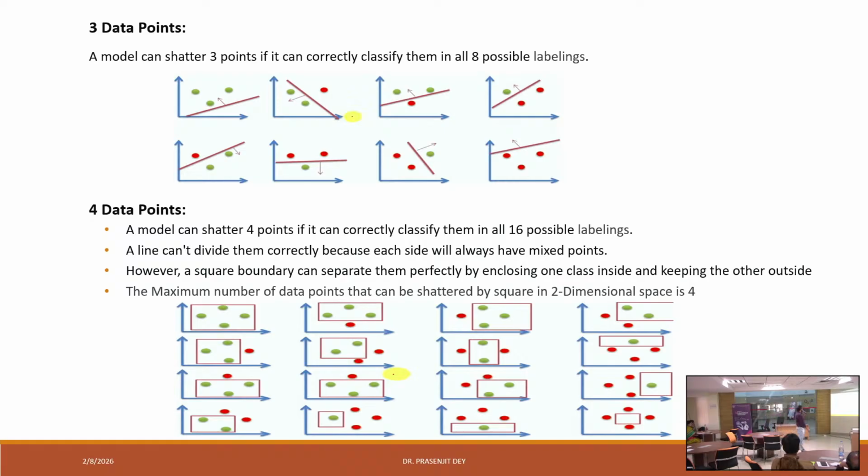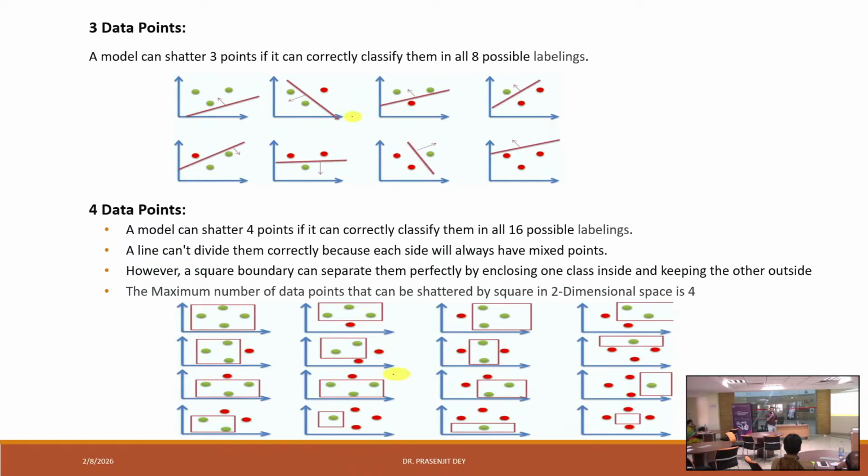Now suppose it was the case that always 2 points lie on one side of the boundary, and the same class samples are always on the same side of the decision boundary. In that case we should be able to come up with a classifier that draws a decision boundary and is able to separate 3 data points, because these are all the possibilities.